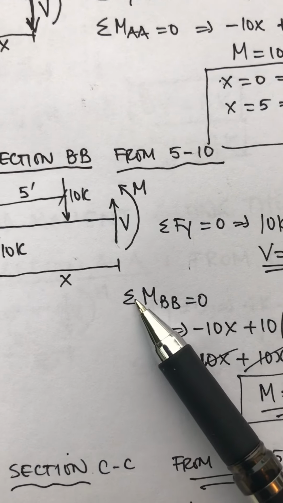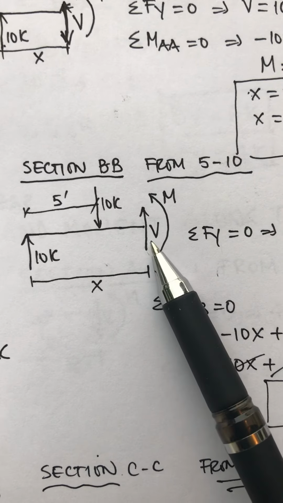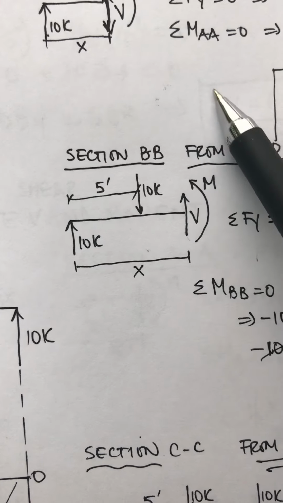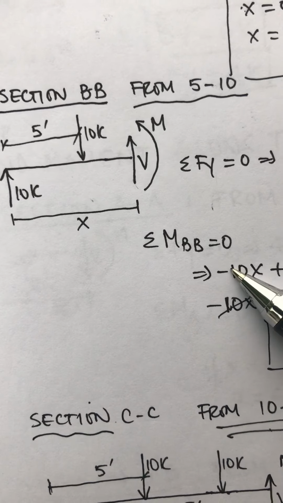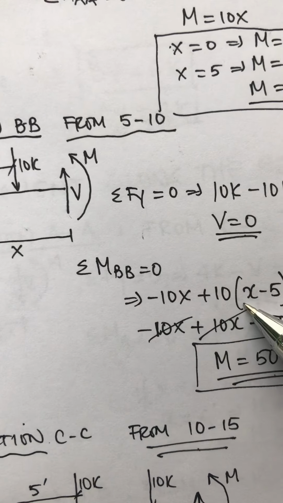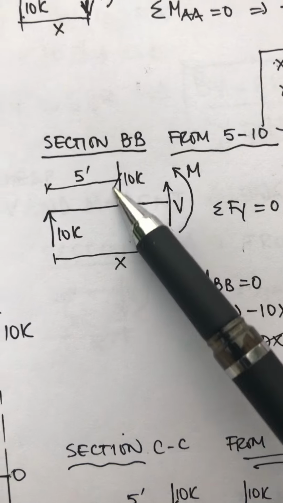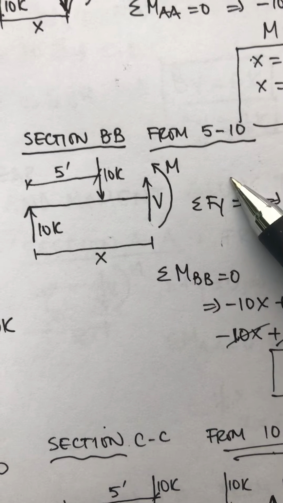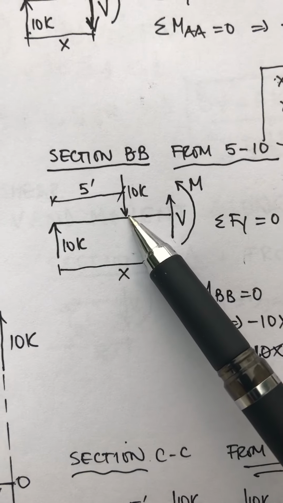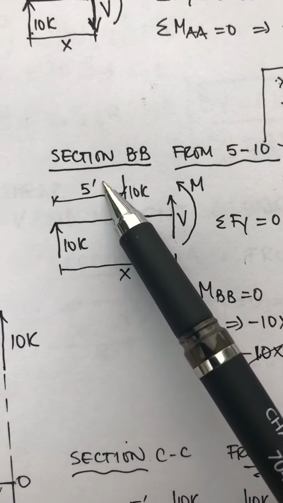Now the summation of moments at the cut BB. We have the 10K force clockwise, so minus 10 times the distance X, and plus 10, this 10K here moving counterclockwise, that's why it's plus, but the distance from here to the cut is X minus 5.